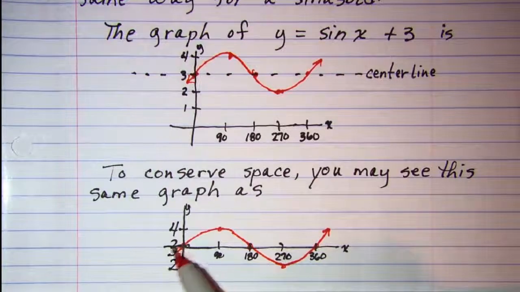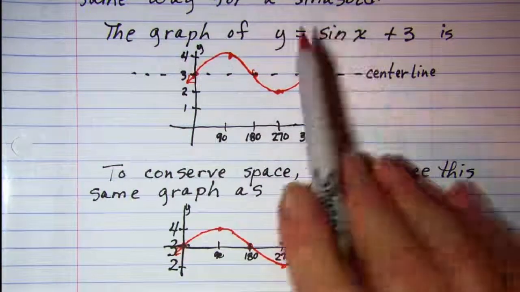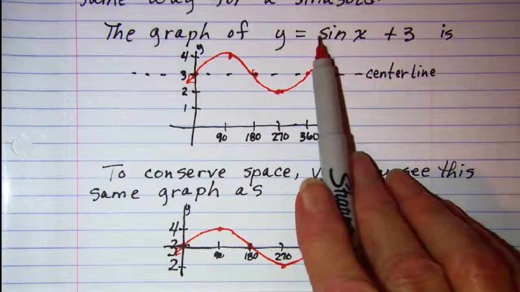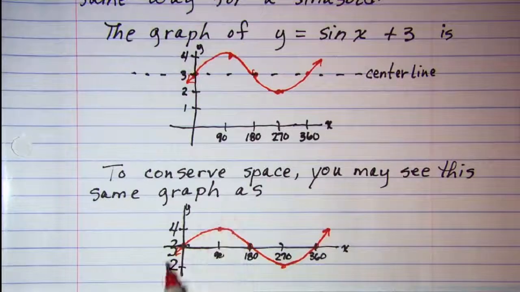We just label it at 3. And since my amplitude is 1 here, I subtract 1 and show a 2 on this axis, and then add 1 to show a 4 here.